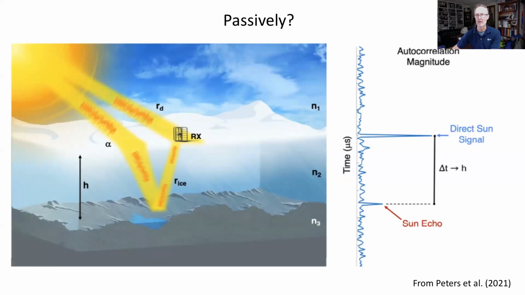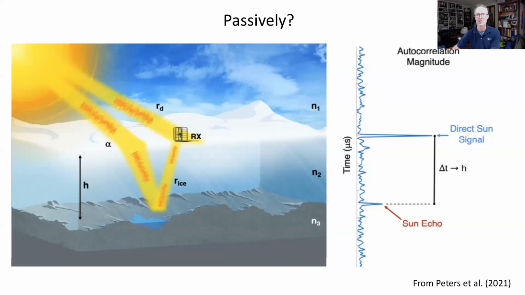So their research essentially suggests that you can put this very small, lightweight, battery-powered SDR GPR on a snow or ice surface. It can sit there for a period of time, and by discriminating between the direct returns, the returns directly from the sun and those returns from the base interface, then you can measure the thickness of the ice or the snow depending on the material that you're sitting on.